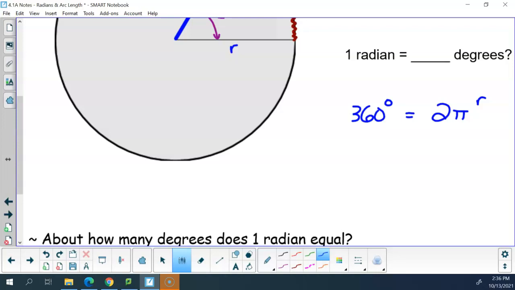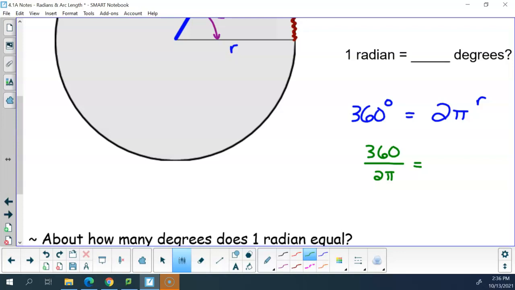So if I find what the ratio is, if I take 360 and divide it by 2 pi, I would get the degrees in 1 radian.